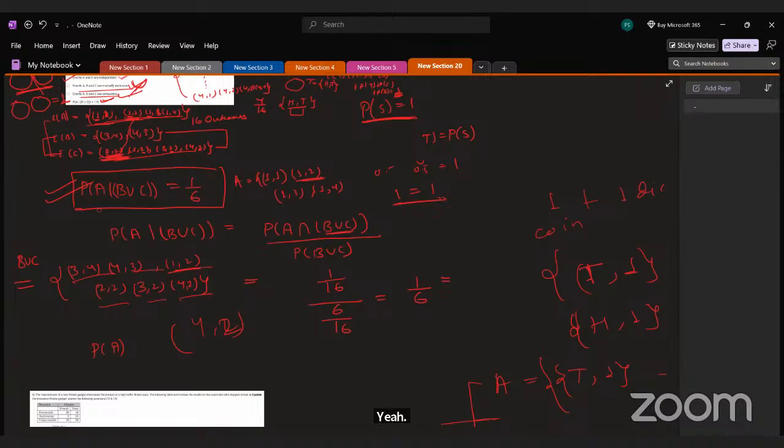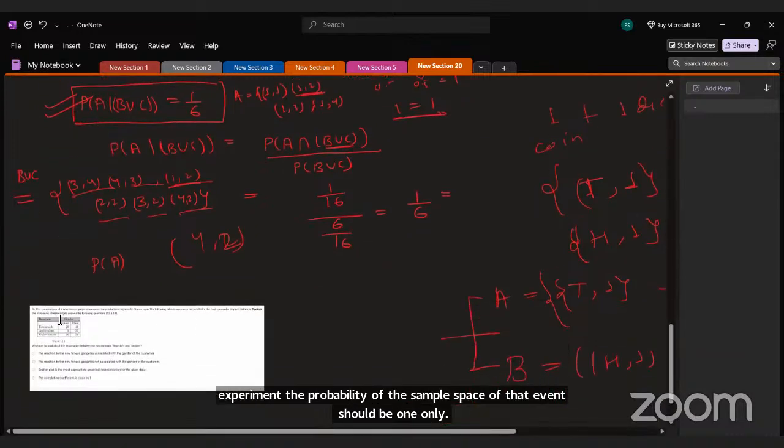Whether it is a coin or die, if the probability of a set is 1, then only you define that as a sample space. For any experiment, the probability of the sample space should be 1 only. Okay, so now we can proceed further.